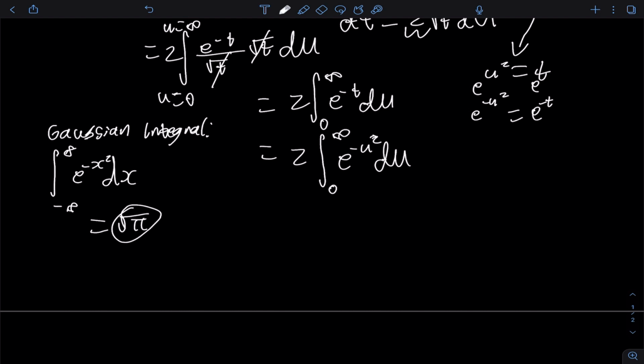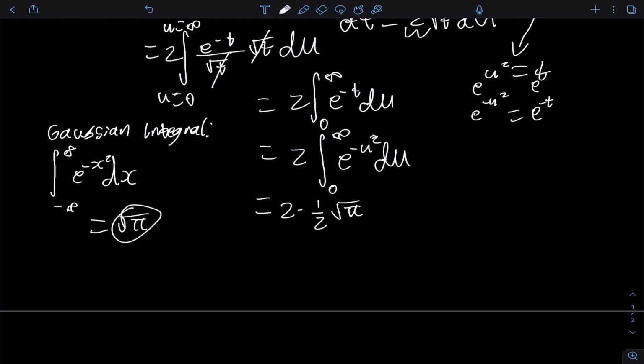So what we can actually do is we can see that we have the bounds negative infinity to infinity, and here we have the bound 0 to infinity. So that is really just half of the Gaussian integral. So what we can do is write this as 2 times a half of the Gaussian integral, which actually evaluates to the square root of pi.